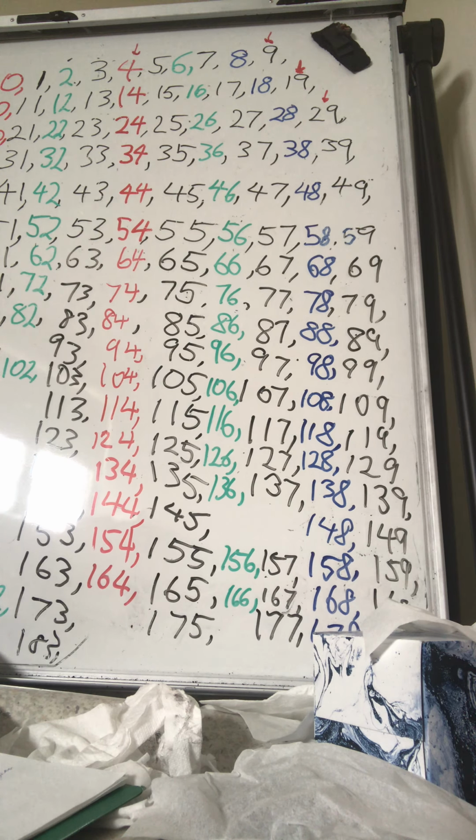4 times 3 was 12, 5 times 3 was 15, right? So 6 times 3 is 18. And then 7 times 3 is 21.